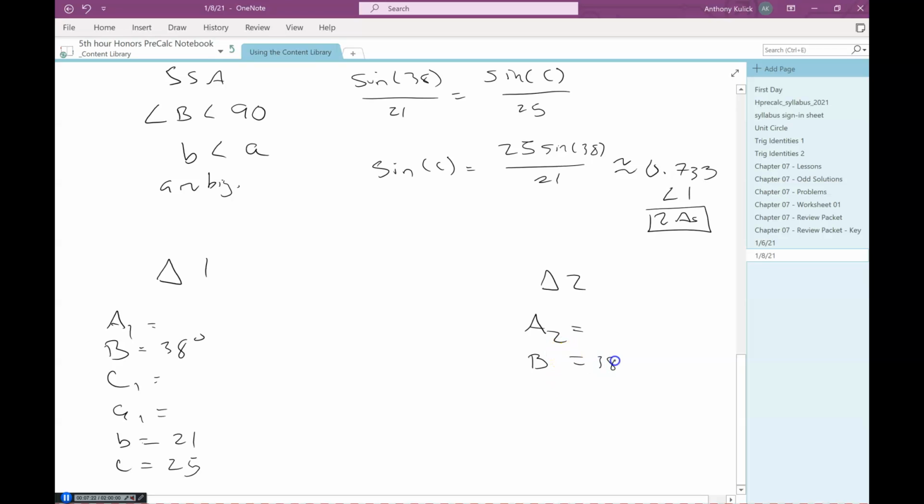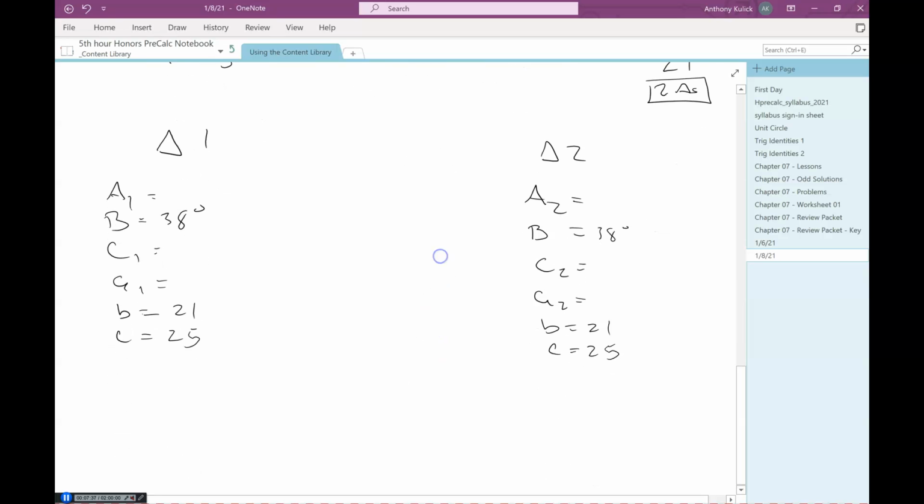So the pieces that are given are the same in both triangles, so I'm not going to bother with a subscript for those pieces. So that's my setup.